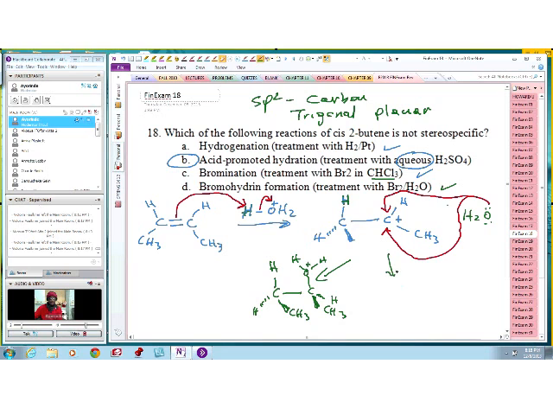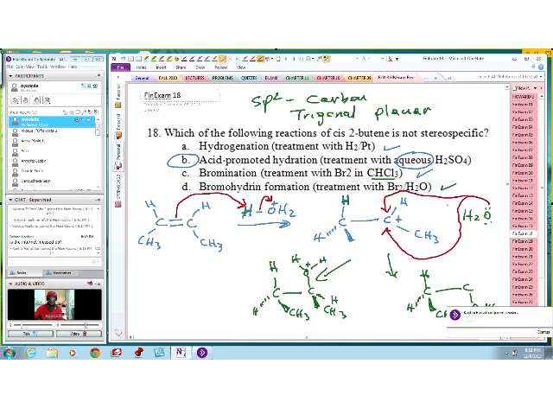You could get this, or you could get this, in which now the hydrogen is going away. So in this case, we are getting these 2 products here.